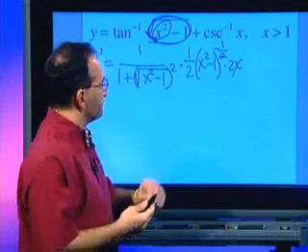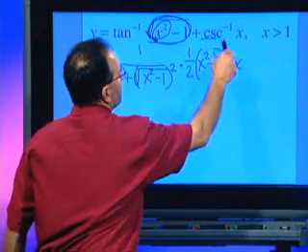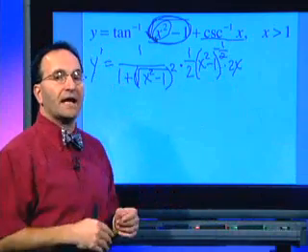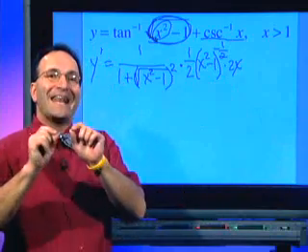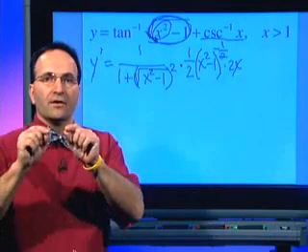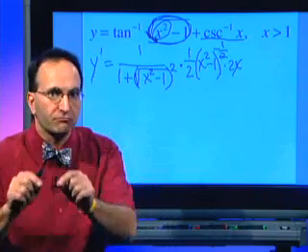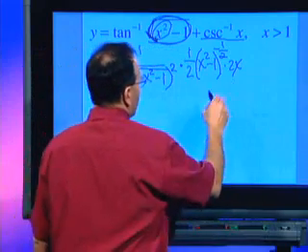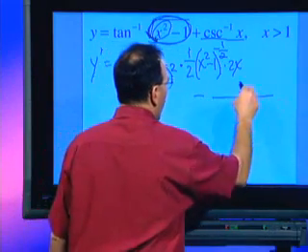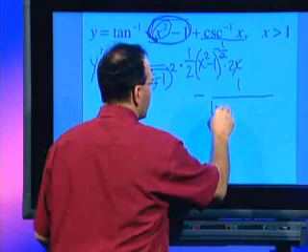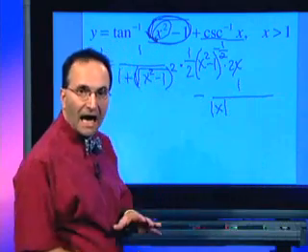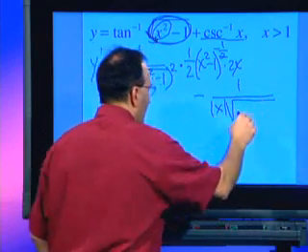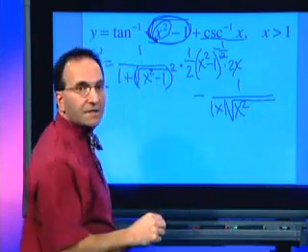And then we have to find the derivative of inverse cosecant. And remember that we just looked at the fact that the derivative would be the negative of the derivative of secant. So that's going to be equal to negative 1 over the absolute value of x times the square root of x squared minus 1.